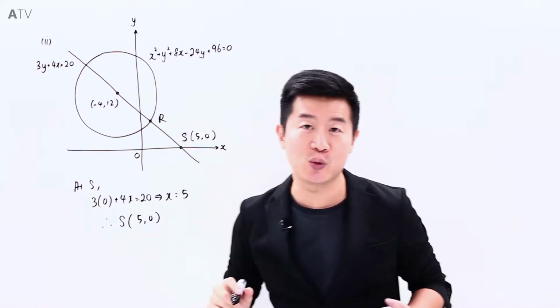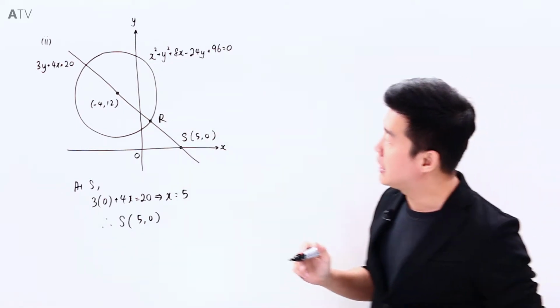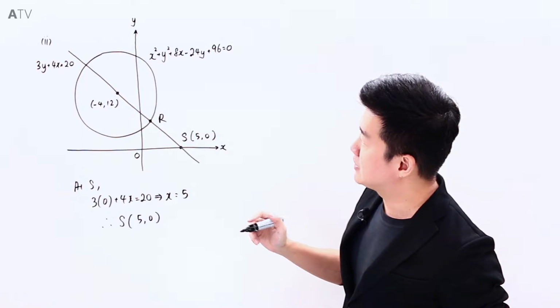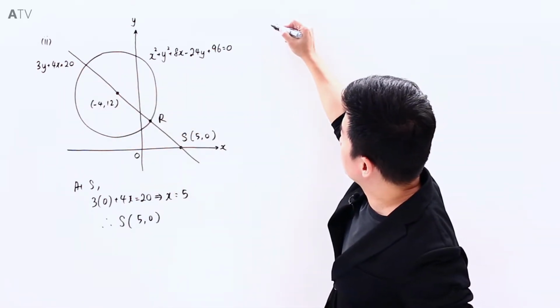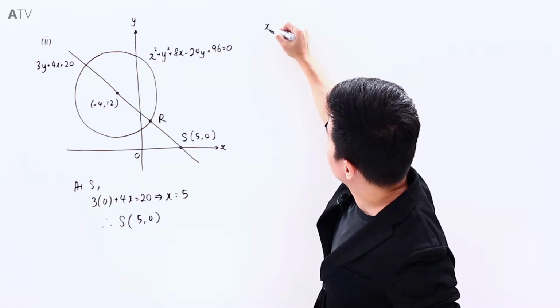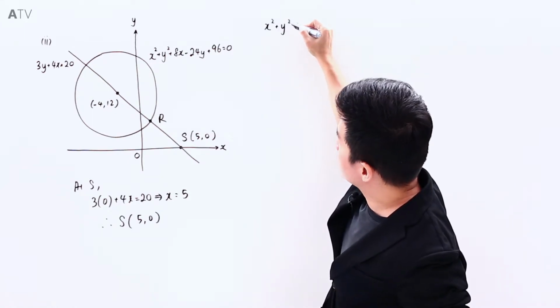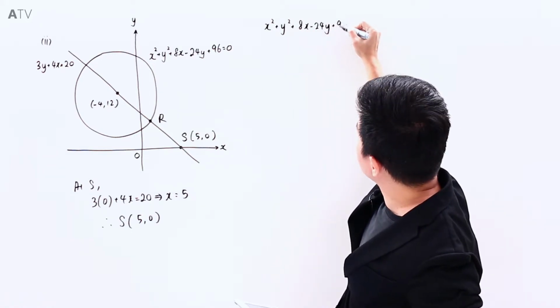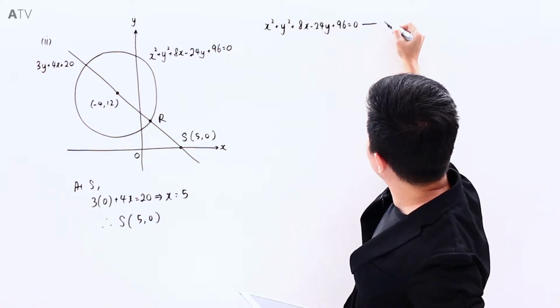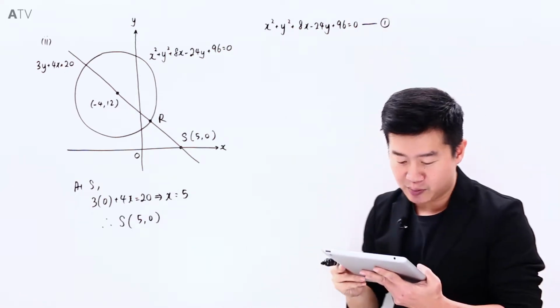The next thing I want to do is find the coordinates of R, and that will be solving the simultaneous equations between this and this. So let me quote the pair of simultaneous equations. I have x squared plus y squared plus 8x minus 24y plus 96 is equal to 0. I will call this equation number 1.